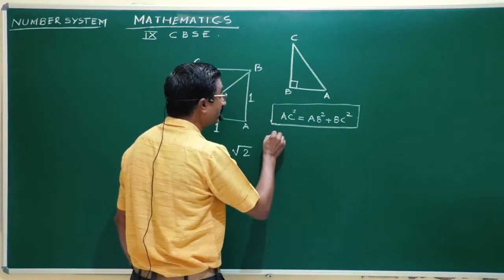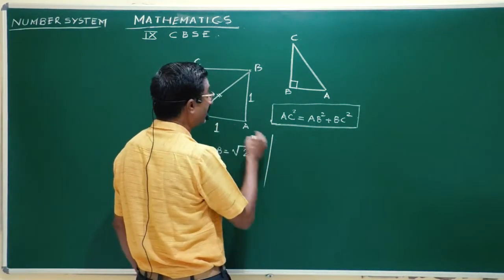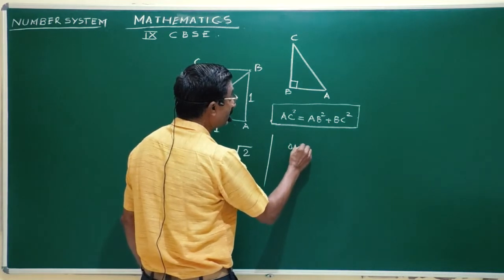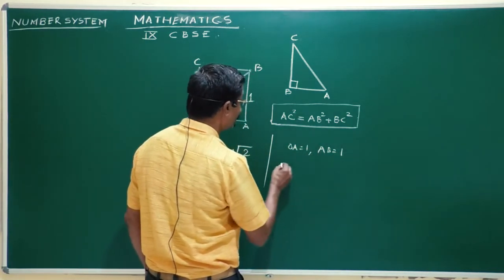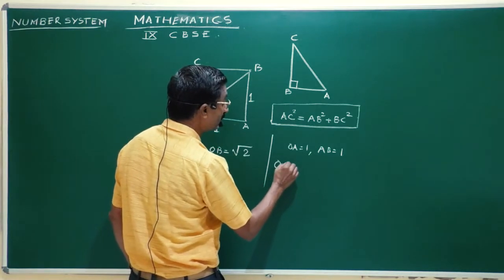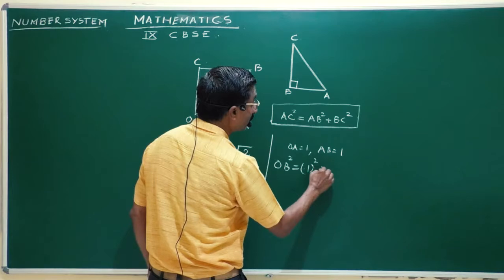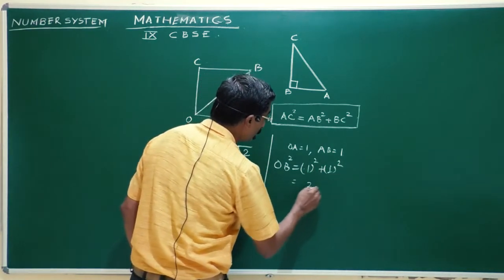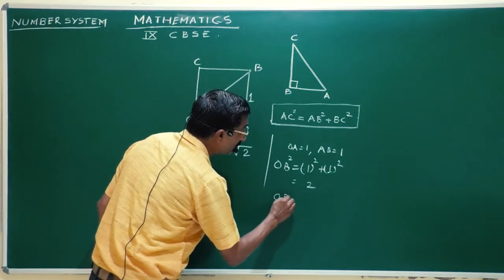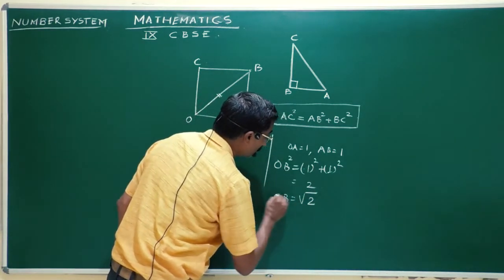How did we get it? Here, OA is equal to 1, AB is equal to 1. So we can find OB square is equal to 1 square plus 1 square, which is equal to 2, and then OB will be equal to square root of 2.